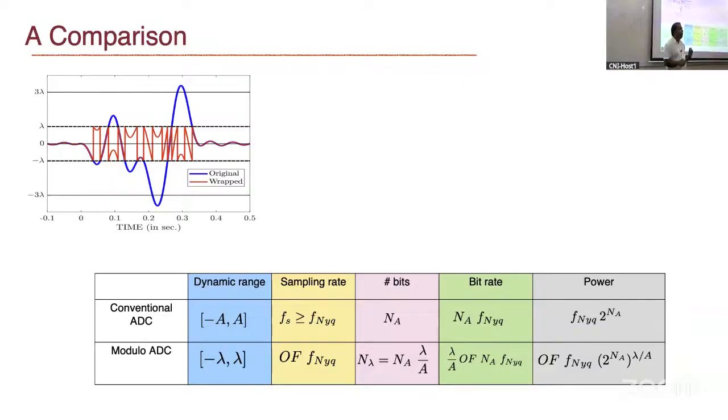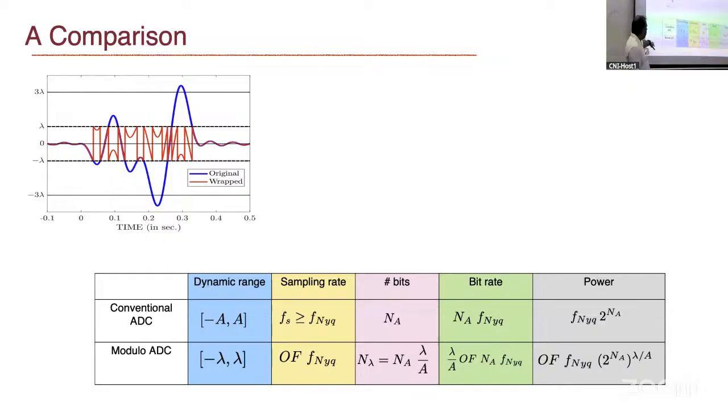So I'm assuming that the step size is fixed. That means your total dynamic range divided by 2 to the power n should be constant. So what is the bit rate? Sampling rate times n_A. The bit rate is this, and then this is the power consumption. Power consumption should be proportional to this. This factor is fine, we talked about this. Just remove the power.